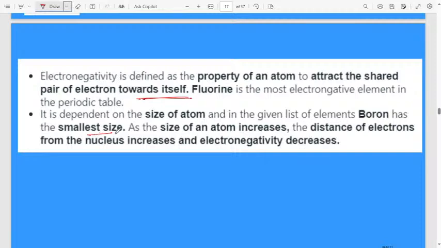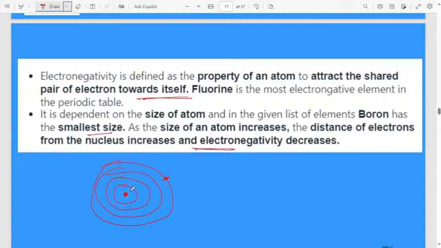As the size of an atom increases, the distance of the electron from the nucleus increases, and the electronegativity decreases. See here, this is an atom, this is the nucleus, this is the orbit, first orbit, second orbit, third orbit, like this. Then this is the fourth orbit. Sorry, I am not able to draw properly. Here, in this last orbit, you have an electron like this.